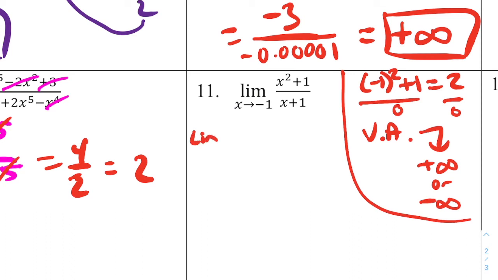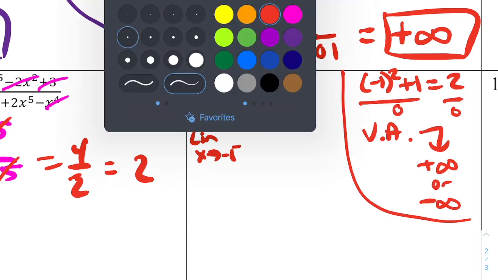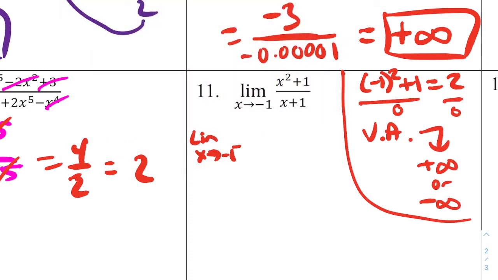So here we're going to find the limit as x approaches negative 1 from the left side. I'm going to imagine plugging in a value that's slightly less than negative 1, like x equals negative 1.001.